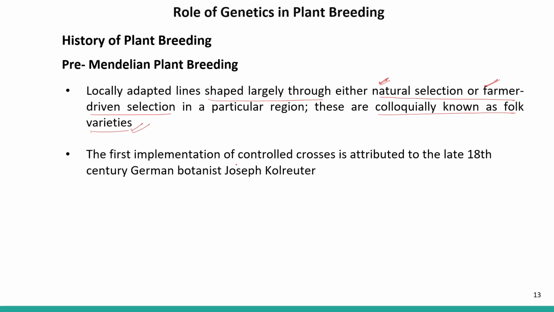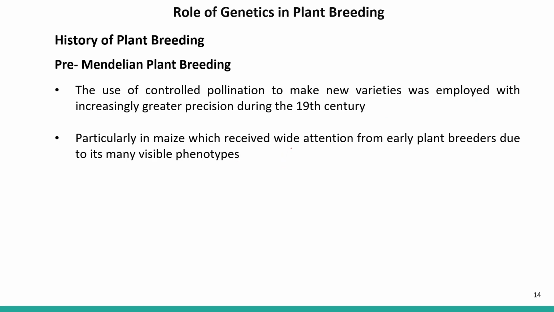The first implementation of controlled crosses is attributed to the 18th century German botanist Joseph Koelreuter. The use of controlled pollination to make new varieties was employed with increasingly greater precision during the 19th century.